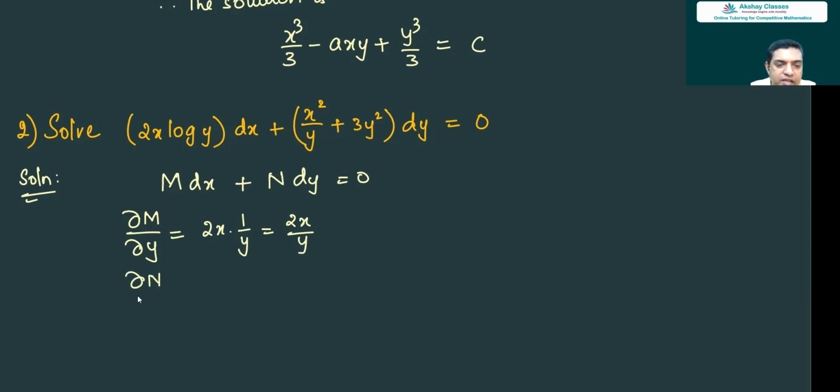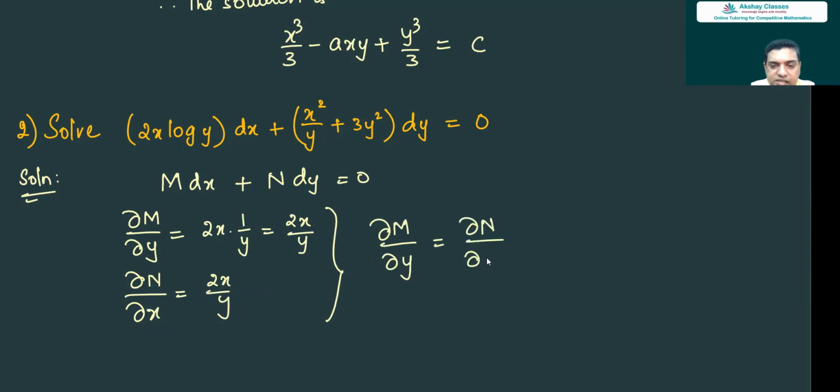Now dou N by dou x, differentiating partially with respect to x, this term becomes 0 and this is 2x upon y. So dou M by dou y is equal to dou N by dou x. Therefore, M dx plus N dy must be equal to some du, an exact differential.